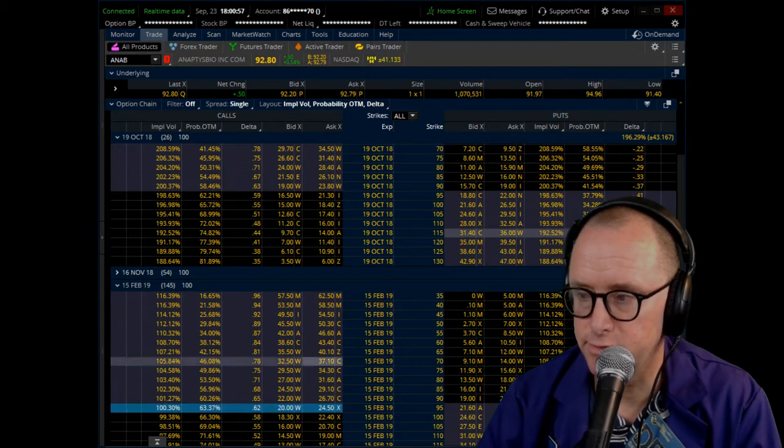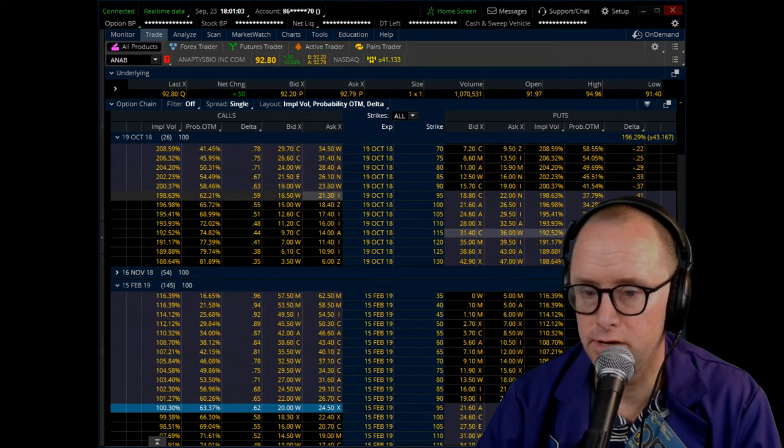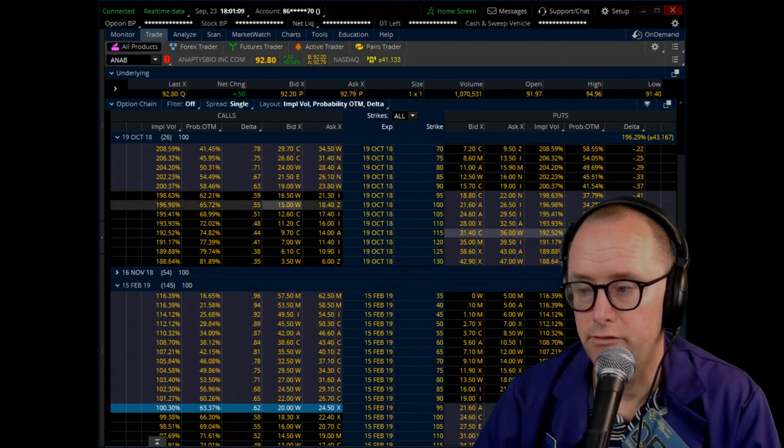In this case, $3 for this spread, it just seems incredibly beautiful to me. I don't know if you could put it on or not, but I think it would be a really cool trade to undergo this long Feb OC 95 calendar spread in ANAB stock.